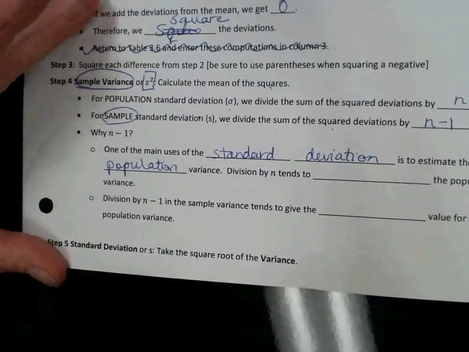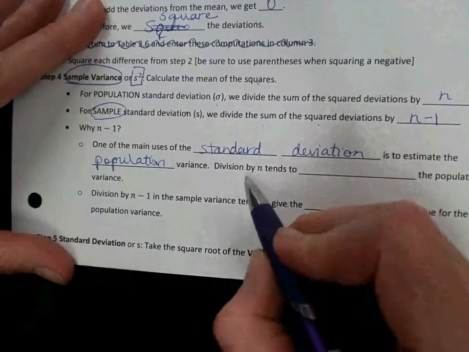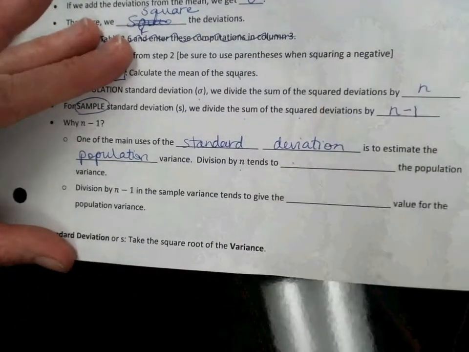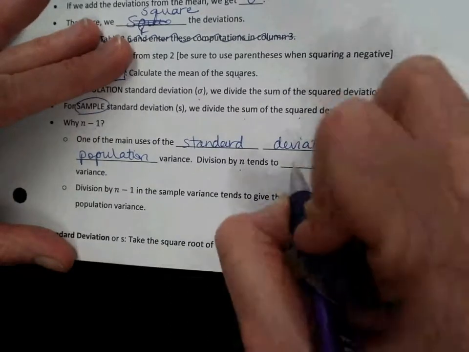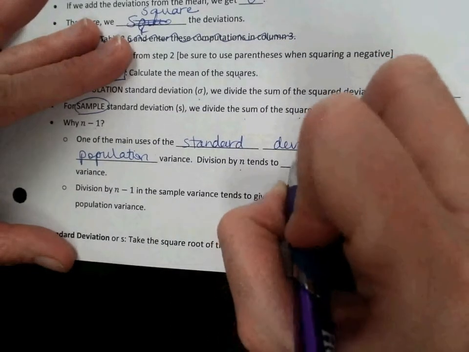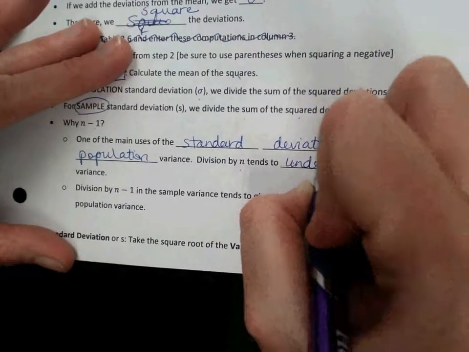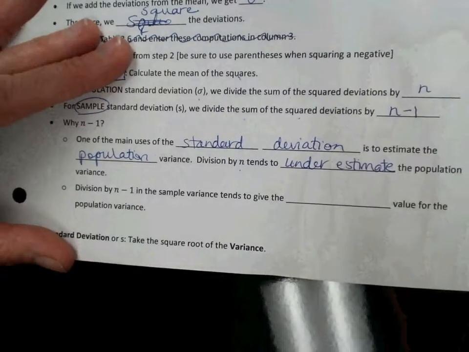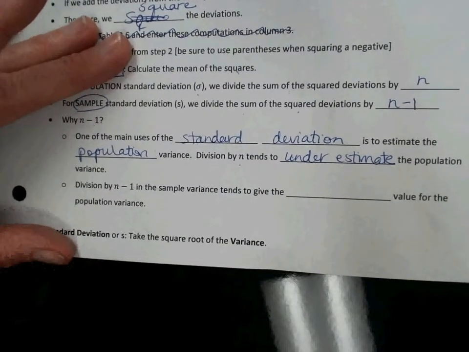Think about that inferential statistics. Division by n tends to underestimate the population variance.